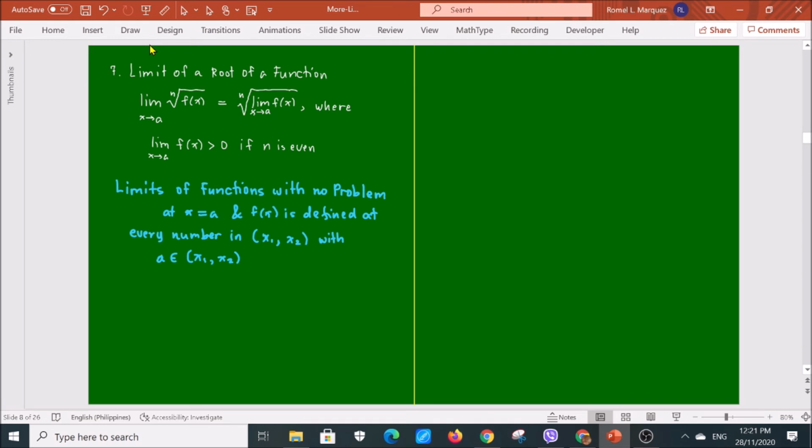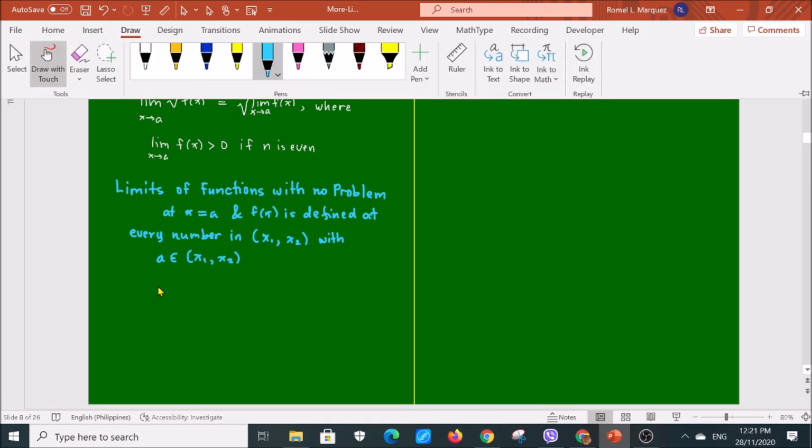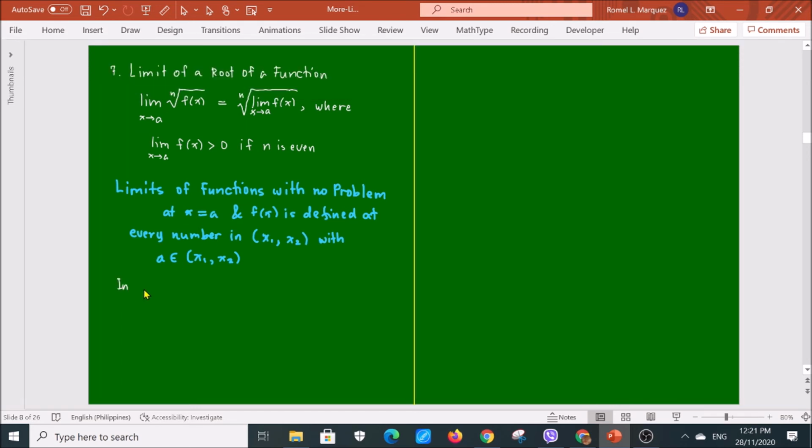It's just like evaluating a function. So, if this is the case, the limit as x approaches a of f of x is simply equal to f of a. So the function value at x equals a is equal to the limit of f of x as x approaches a.